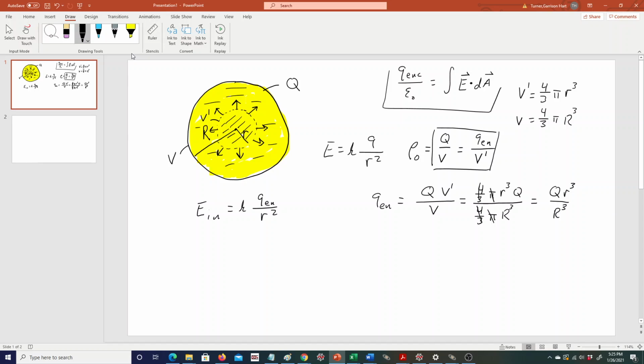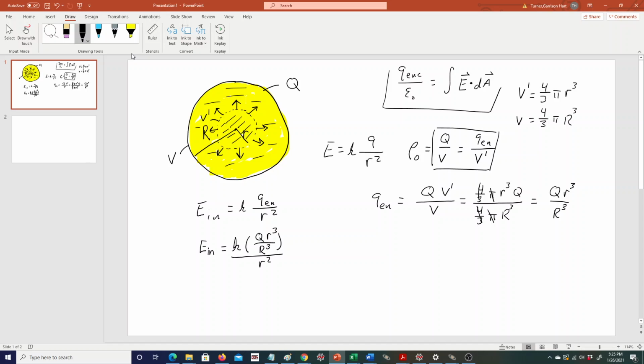So then when we plug this in to our field inside the sphere, okay, we're going to have K times Q r cubed over capital R cubed over r squared. But r squared is the radius of the Gaussian sphere, of the Gaussian surface.